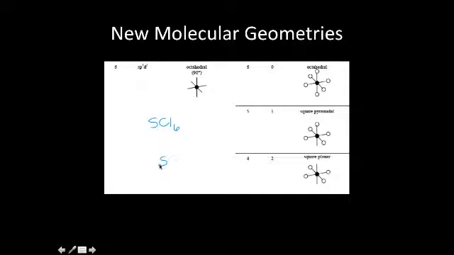If we had sulfur, we know there would be 2 of those chlorines on plane with the screen, 2 chlorines going into the screen, and 2 chlorines coming out of the screen, giving us this three-dimensional octahedral shape. And so you're going to need to identify what molecular geometry we're presenting to you based on the Lewis dot structures that you're going to construct.